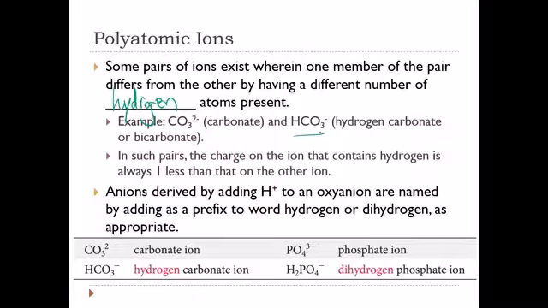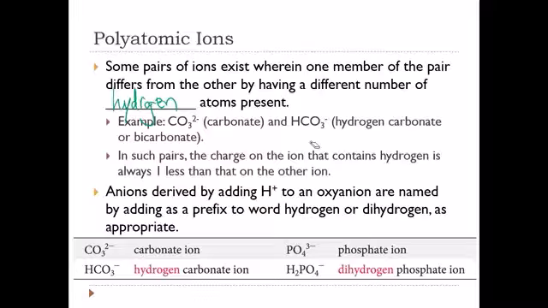You may be familiar with sodium bicarbonate, which is baking soda. In such pairs, the charge on the ion that contains hydrogen is always one less than that on the other ion. So the charge in terms of magnitude.